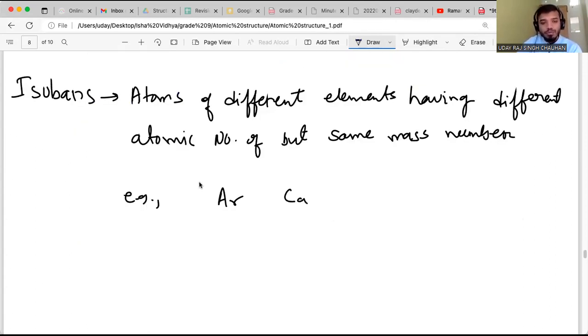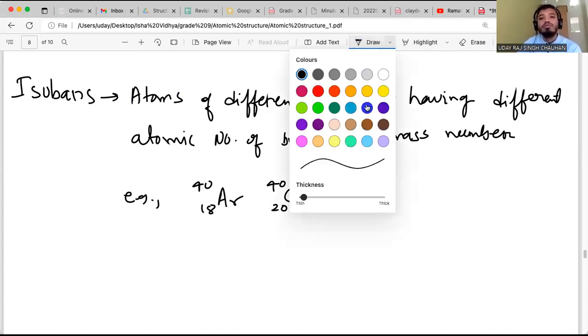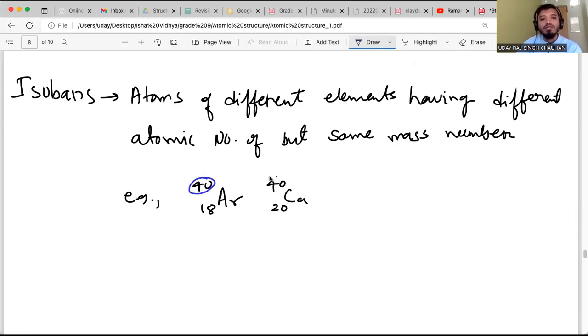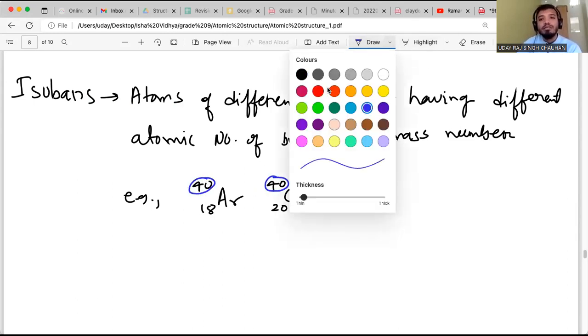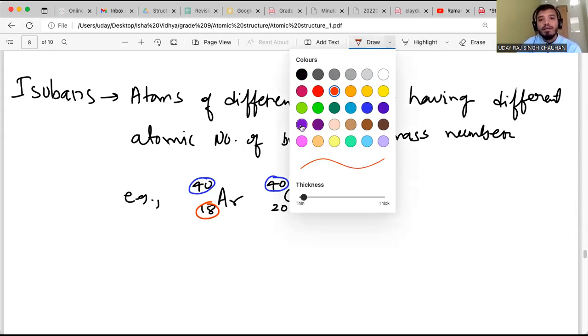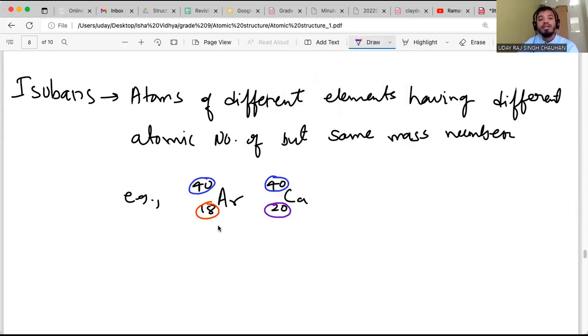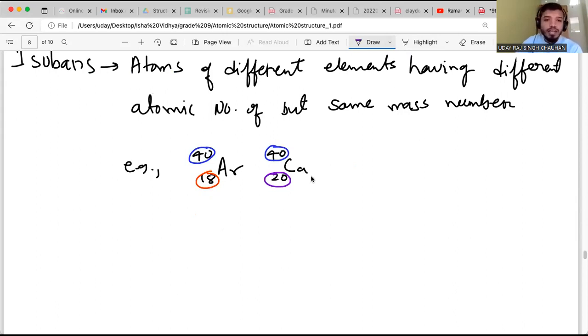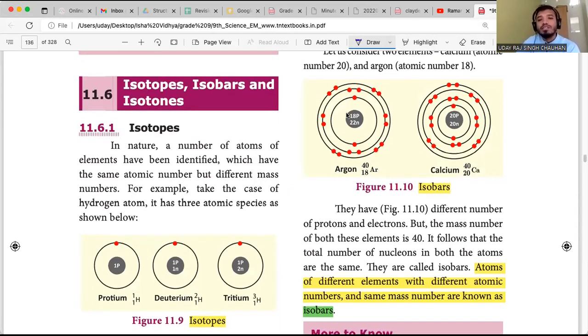Both have the same mass number, but different atomic number, 18 and 20. So argon and calcium are examples of isobars. You can draw the structure. Basically, in the center you write the number of protons and neutrons, and you write the electronic configuration around that. That's simple.